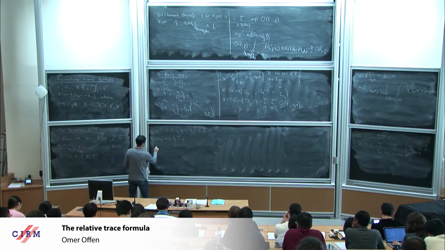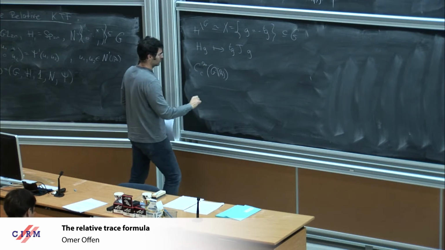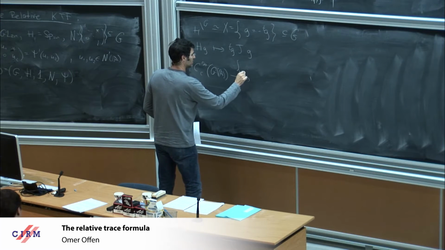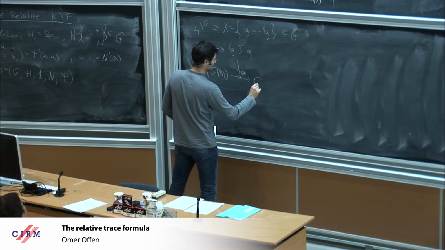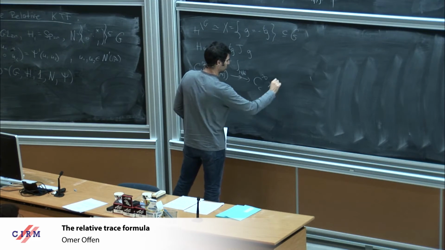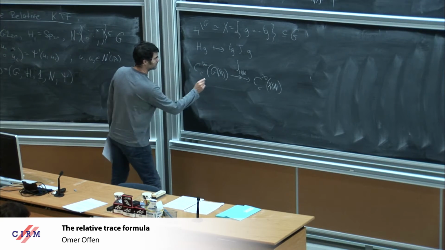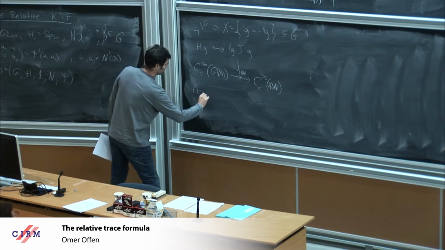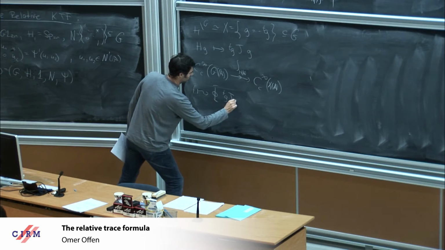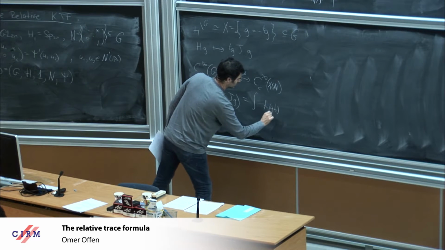Also, we get a map from the space of functions on G. Well, if we just integrate over H, we get a map to a space of functions on X. And this is a surjective map, right? If we take F here, I can send F to phi, where phi of G transpose JG is the integral of f of GH dH.